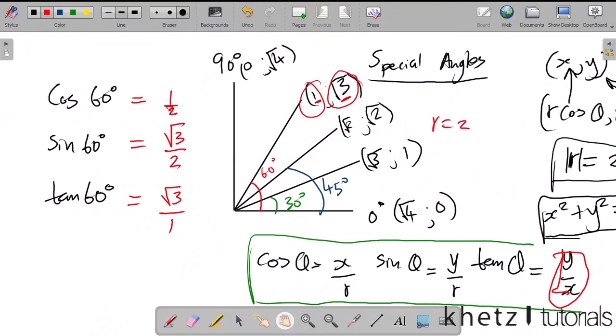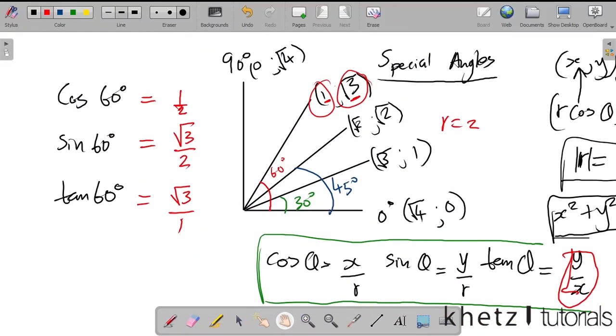Or if a question actually says you shouldn't use a calculator to simplify certain things, then you basically have to show all your steps. And your steps would actually include you turning this value into that. And to do that, you're basically going to use this diagram which I drew.